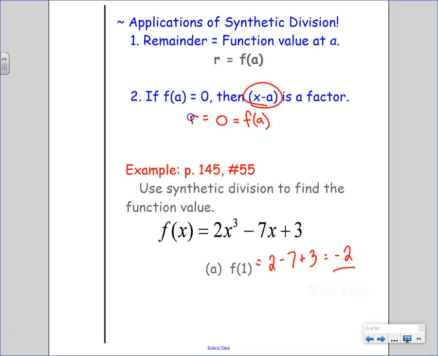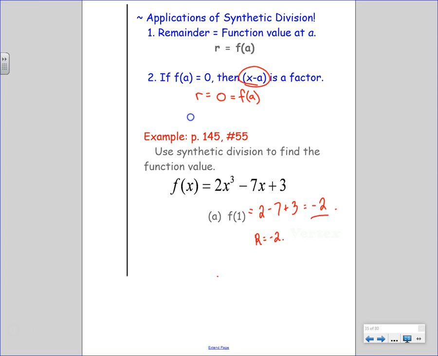Either way, long story short, is the function value 0? And the answer would be no. Which means the remainder is -2. Which means, do I want to do synthetic division with 1? No. Do I want to do polynomial division? Well, wait a minute, hold on.